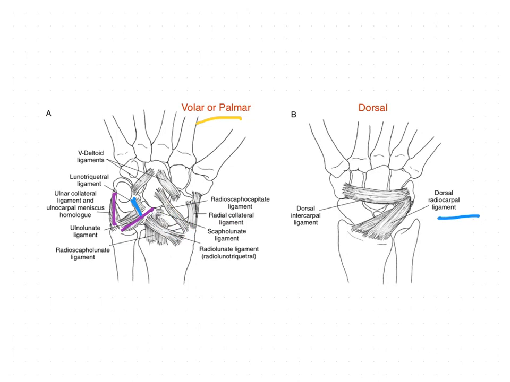The second dorsal ligament is the dorsal intercarpal ligament, which courses horizontally from the triquetrum to the lunate, and then the scaphoid and trapezium.